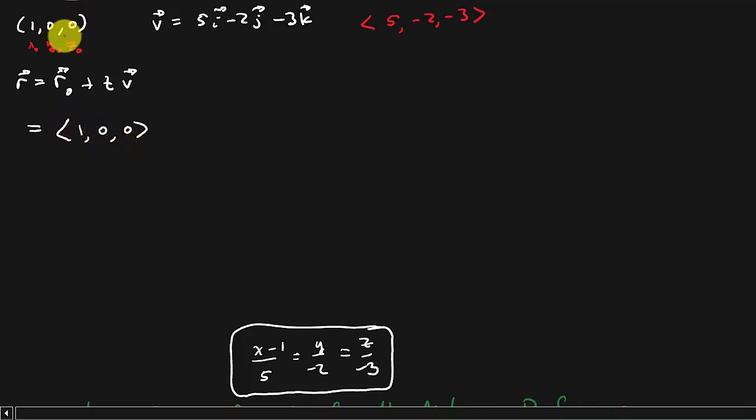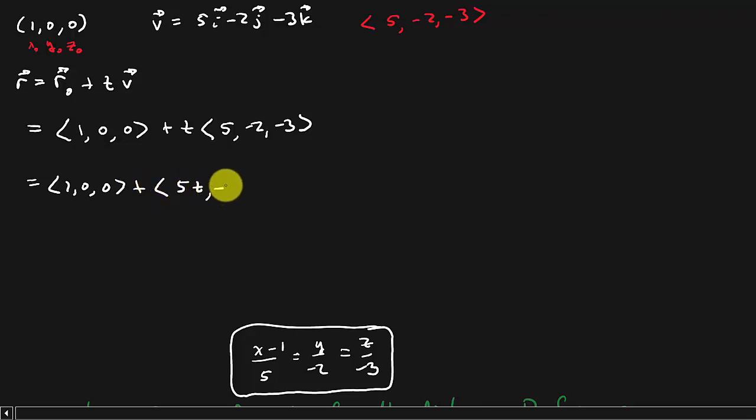That's the vector that goes from 0, 0, 0 to the point x0, y0, z0. Plus t times vector v, which is 5, negative 2, negative 3.